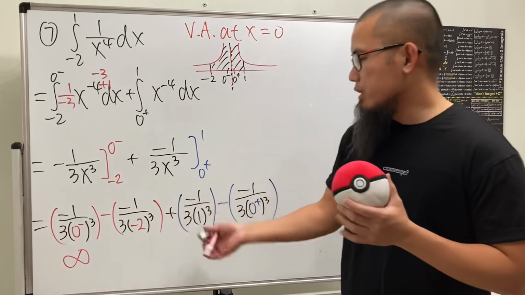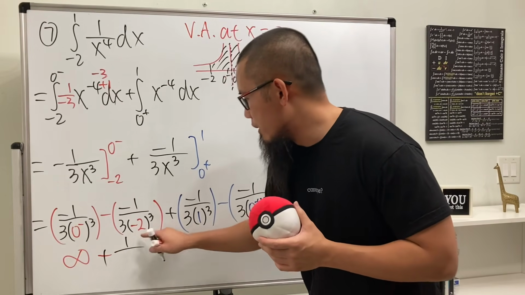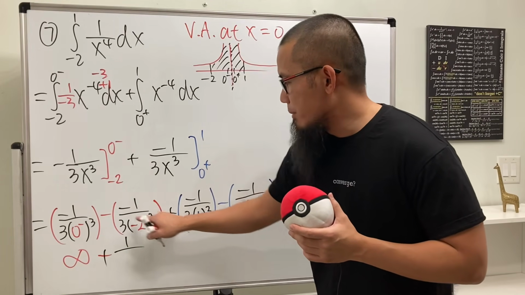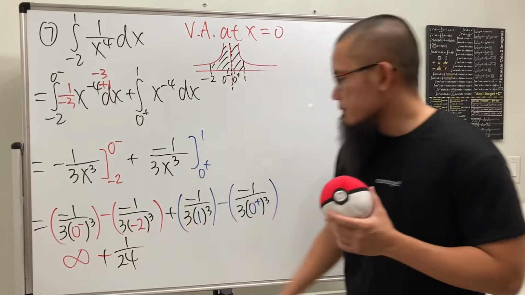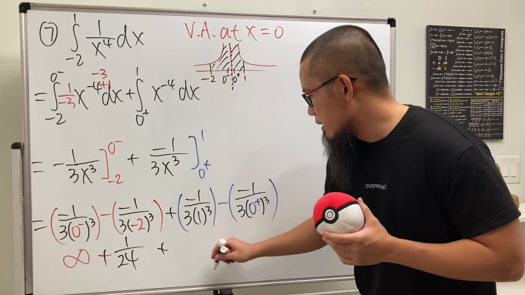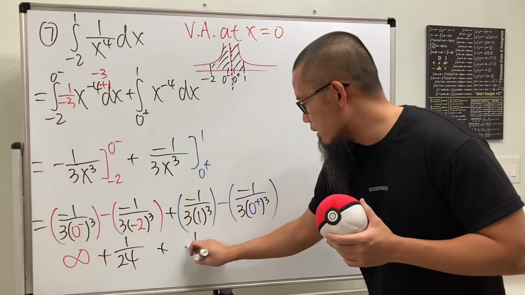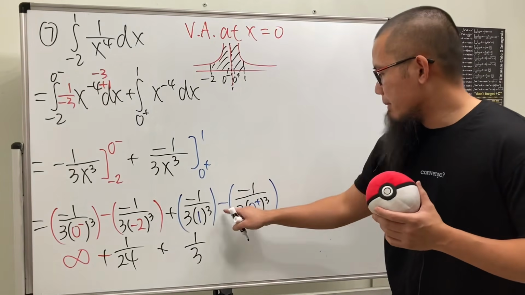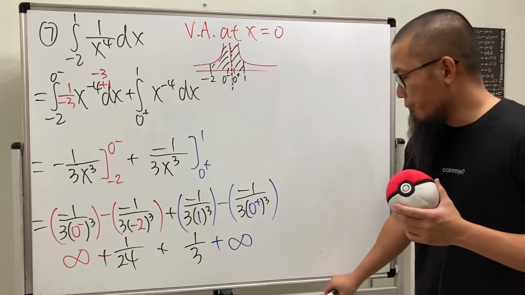And this number we don't really care about, but I will still compute it real fast. This is 1 over negative 8, but that's how I make this positive, and then 8 times 3 is 24. And for this, we are going to add, this is just 1 over 3. And then minus minus becomes plus, and then we have an infinity, like so.